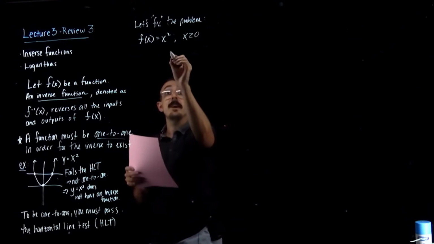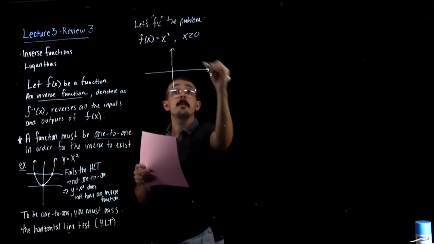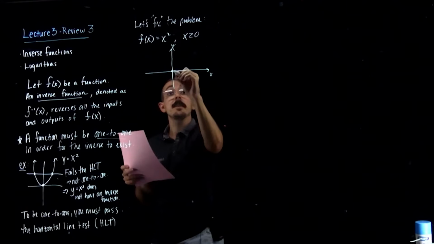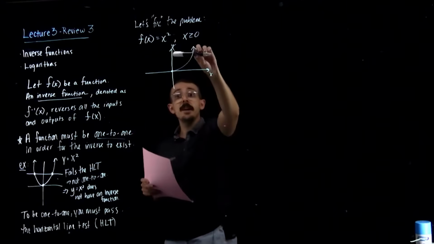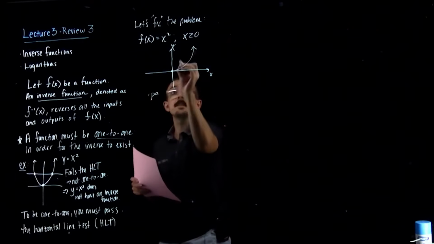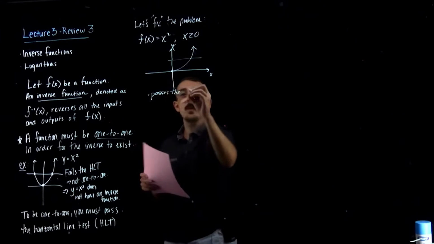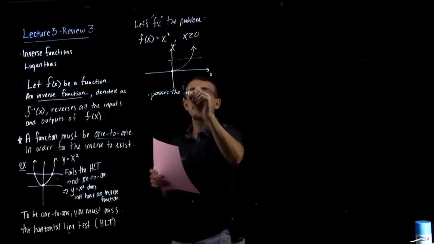So now let's look at this graph again. It's our parabola, it's just I'm only concerned with the right side of the graph. So I'll start here, and I'll just make the right side. And now if you check, it passes the horizontal line test, the HLT.